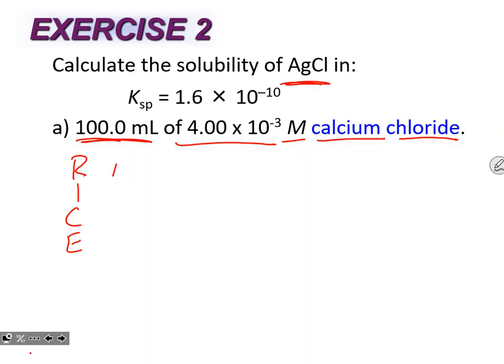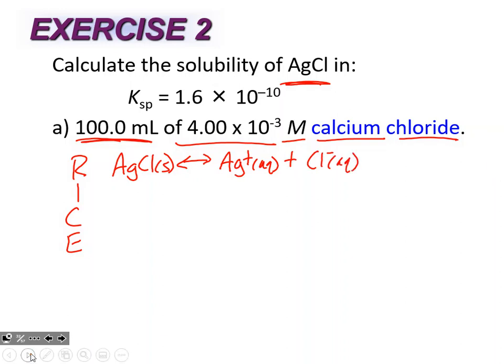Now, we don't need the solid part, since solid is not part of the expression here. Initially, we're dumping it into the calcium chloride 100 milliliter beaker, so no silver is there to start with.